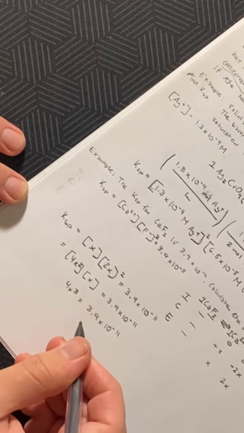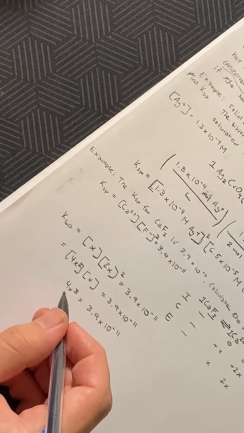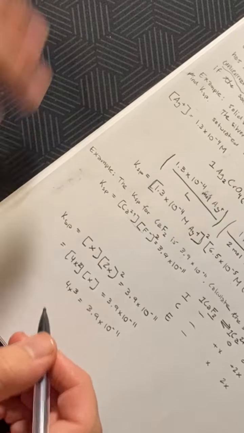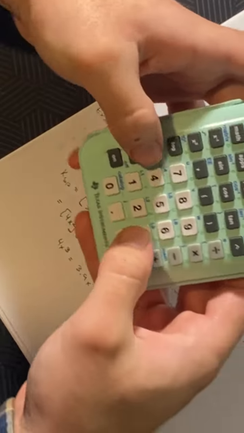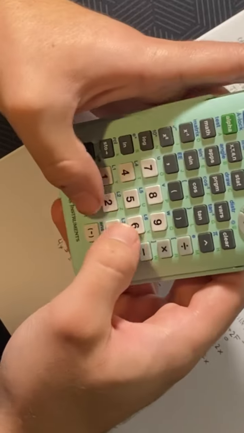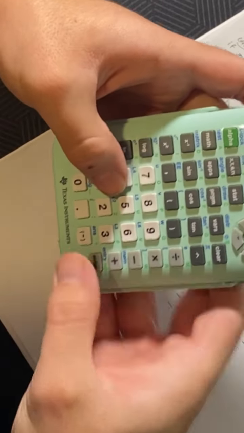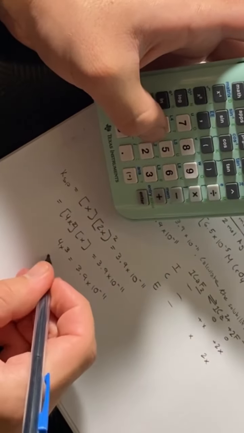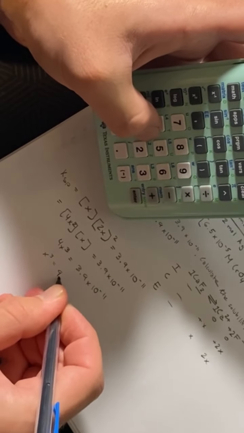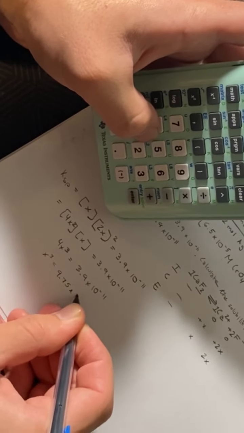We need to divide both sides by 4 because all we're trying to do is find this x. So if we have 3.9 times 10 to the negative 11 divided by 4, we get that x cubed is equal to 9.75 times 10 to the negative 12.